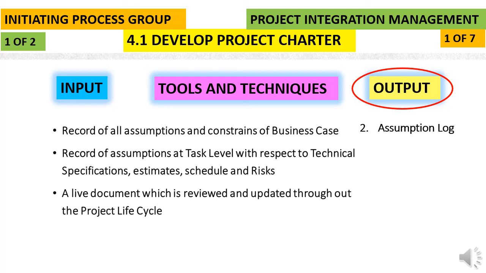We don't know exactly the time estimate or the financial estimate, so we go with some assumption, or on the schedule and the risks. So this assumptions log is used to have all the assumptions and constraints listed for the project, which has to be revised throughout the project lifecycle.